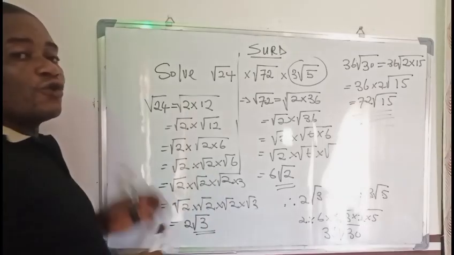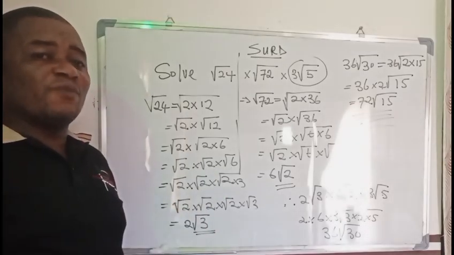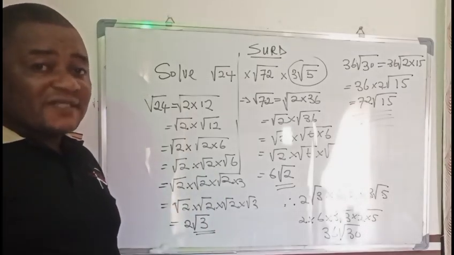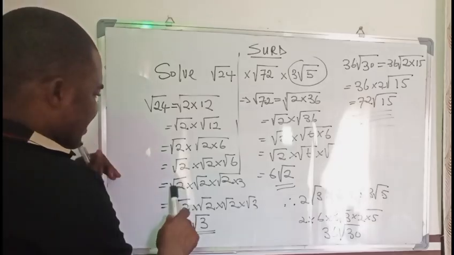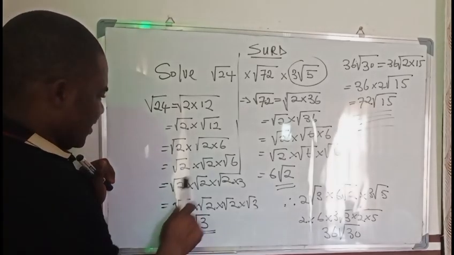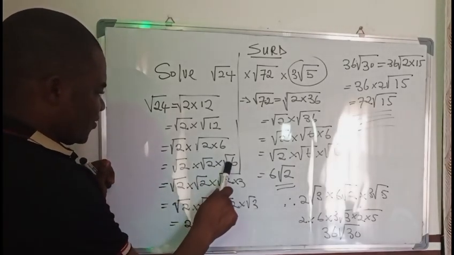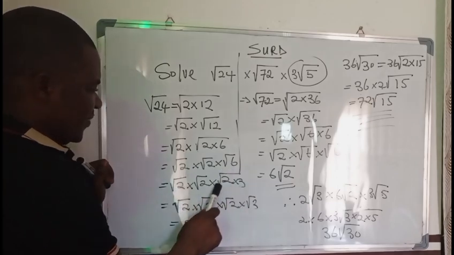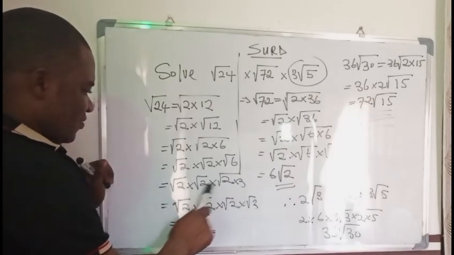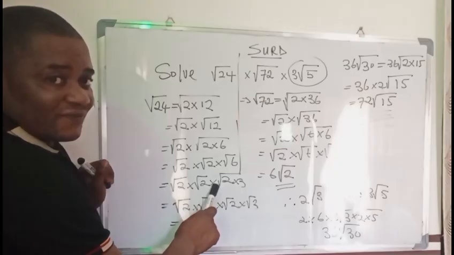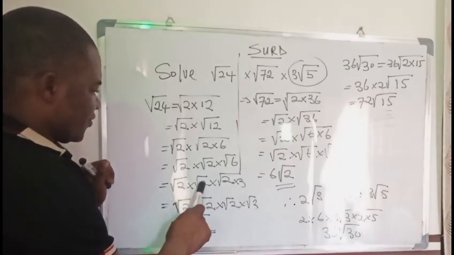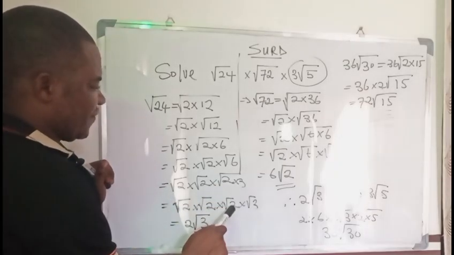But SURD 6 can also still be multiplied. There are still numbers that can multiply effectively. 2 times 3 can give you 6. So we bring them out to have SURD 2 times SURD 2 times SURD 3 times 2. Split this out of the brackets. Out of the SURD form, you have SURD 2 times SURD 2 times SURD 2 times SURD 3.